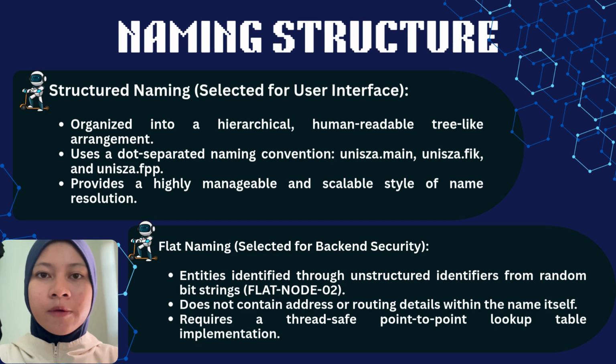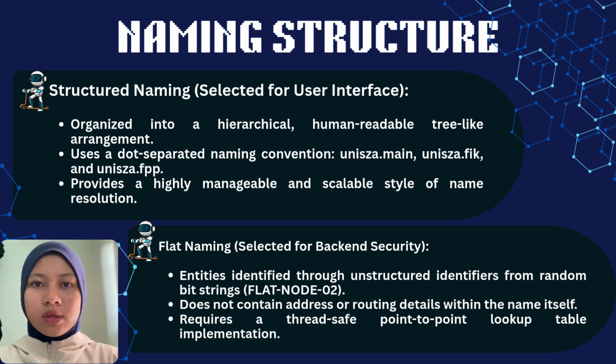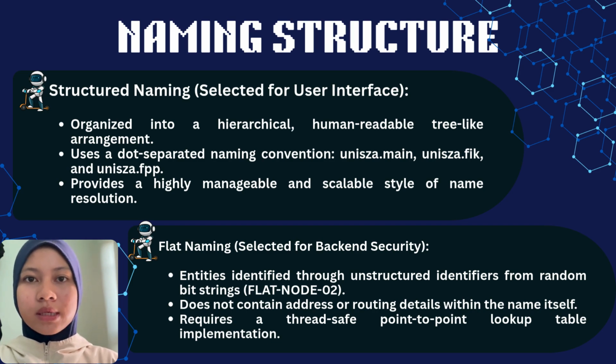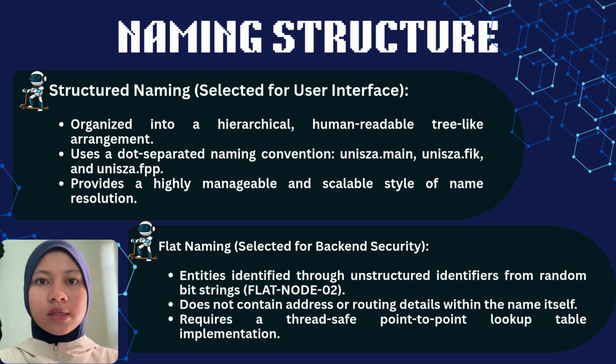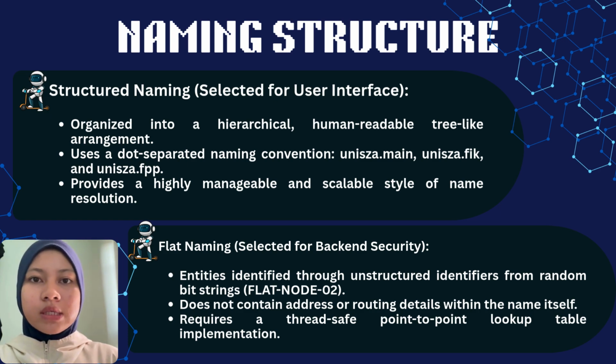In a multi-node environment like our campus network, a reliable naming subsystem is vital to locate distributed resources seamlessly. So to achieve this, our system implements a hybrid approach combining both structured and flat naming.